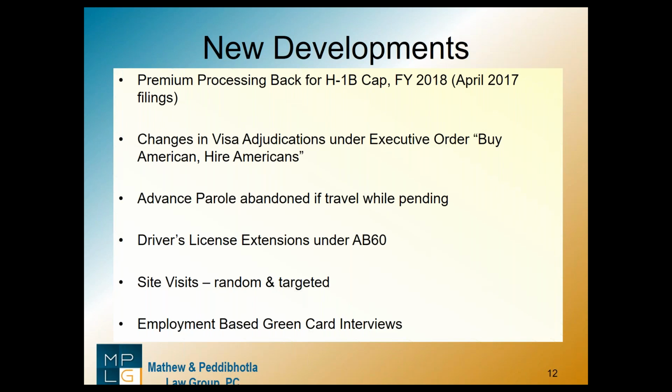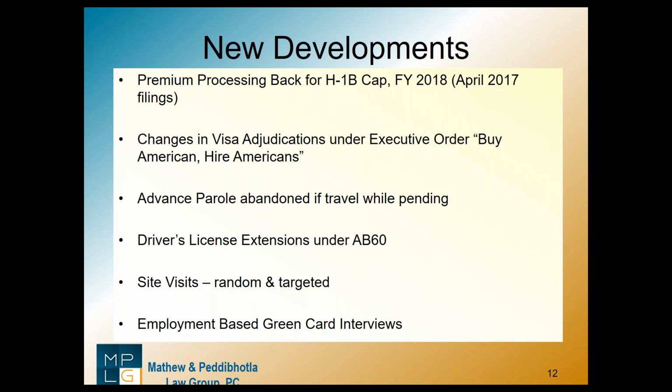Unfortunately, the DMV operates independently from USCIS, and this is actually an issue that was also brought up at that USCIS engagement that our office attended. And while the employee is allowed to work pursuant to a receipt notice, they are unable to get a driver's license extension without the approval notice.